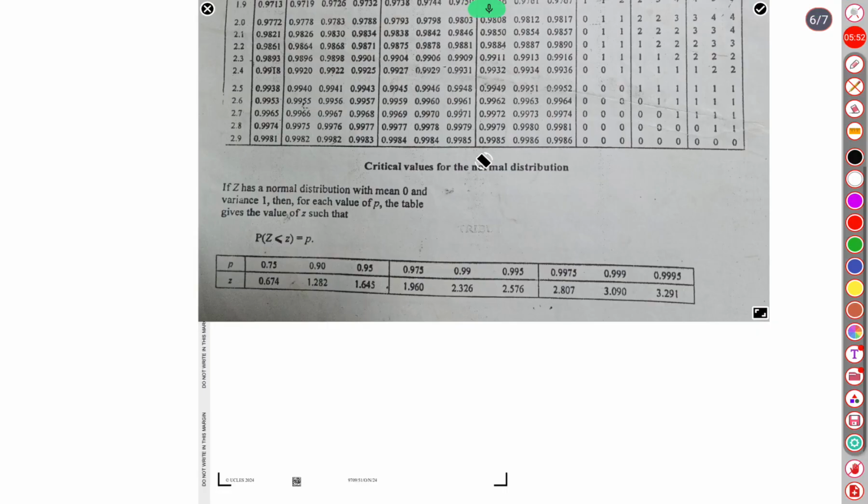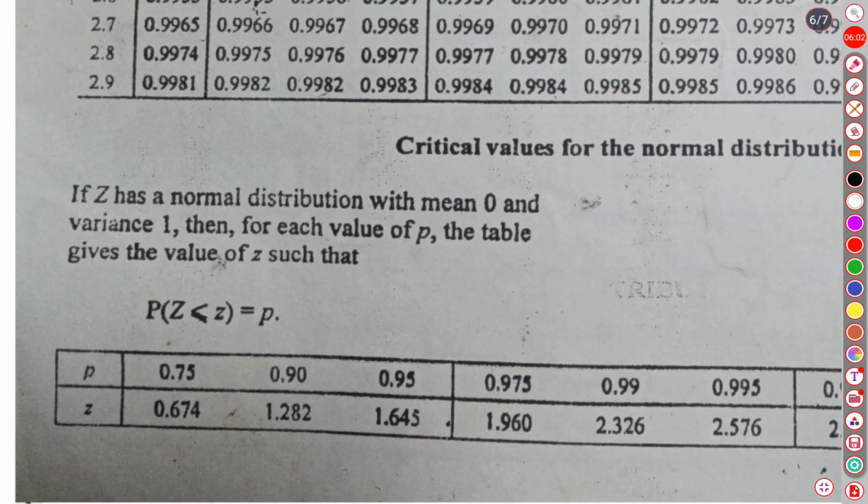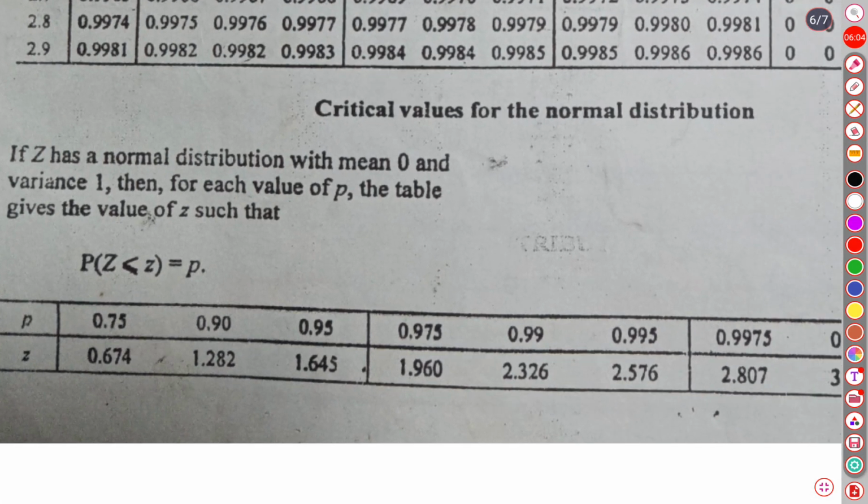Okay, so if we look at the lower part of this table, we will find there are some probabilities given for corresponding z-scores. Look at this.